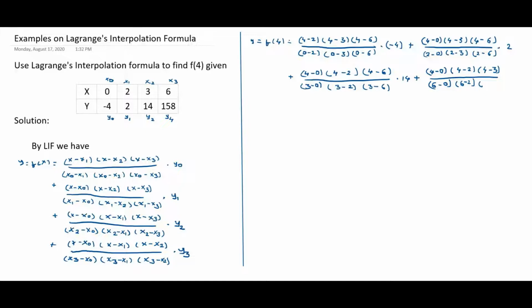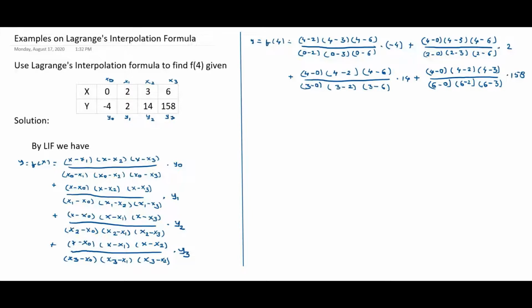And x3 minus x2, 6 minus 3, into y3, and the y3 value is equal to 158. Sorry, in the table I have given the y4 value, but it is not y4, this is y3.